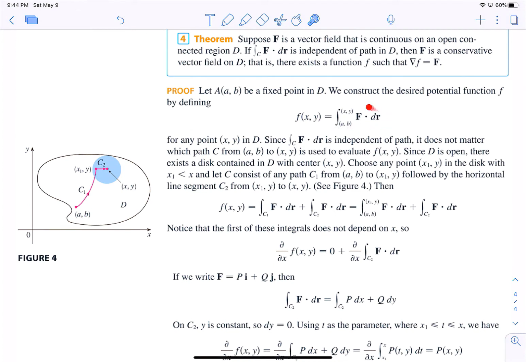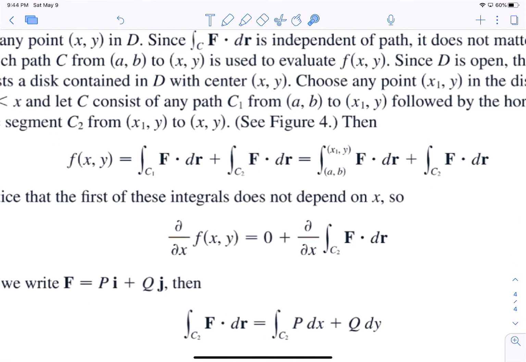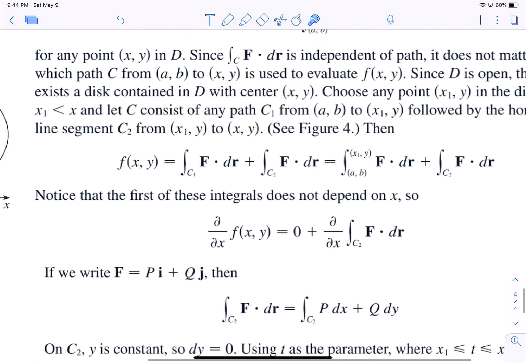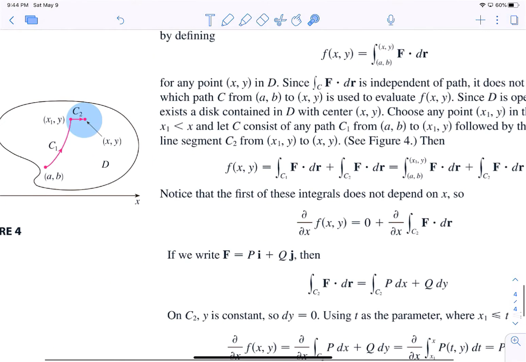So we take that line integral and we split it up into C1 and C2, introducing limits of integration here. For C1, we had that starting point of AB and the ending point of x1y.